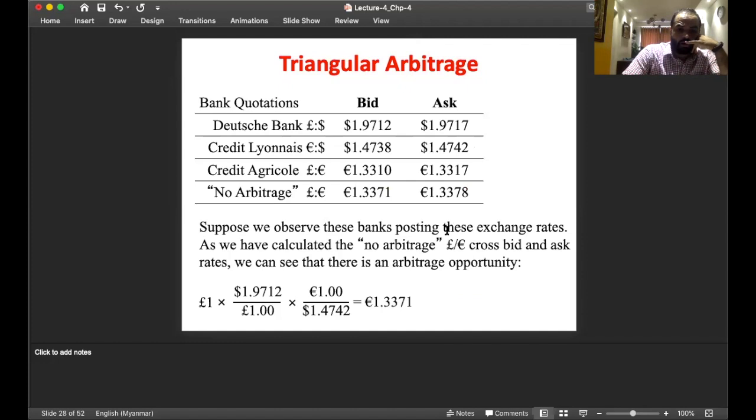Now here is a question. You have bank quotations given. You have pounds and you want your position in euro. Option 1, no arbitrage, direct cross rate, like Vietnam dong to pound, so direct pound euro. The second option is pound dollar, euro dollar, and pound euro.